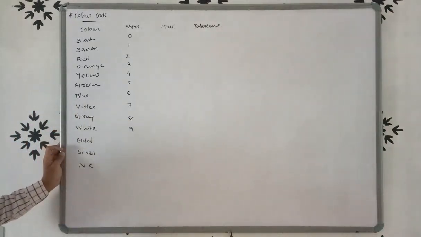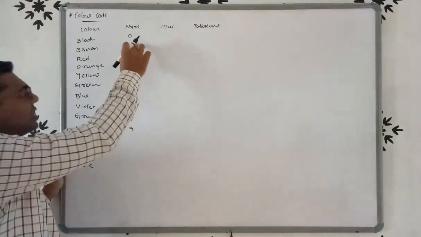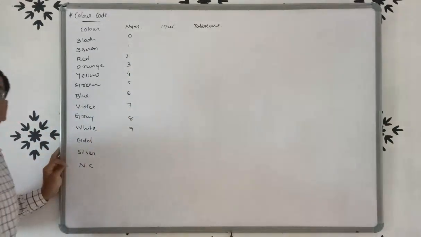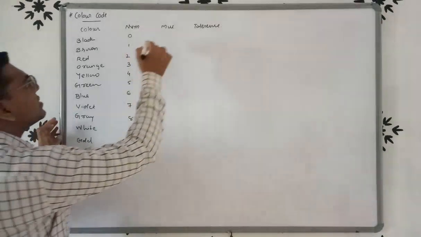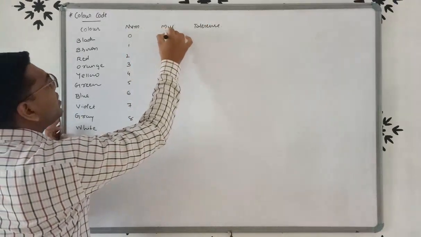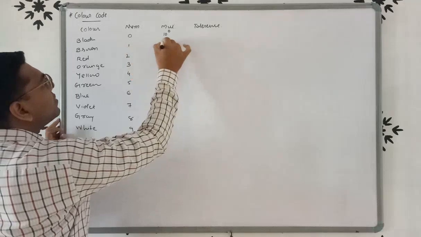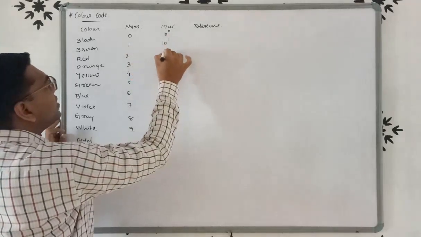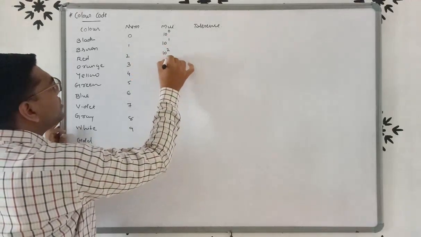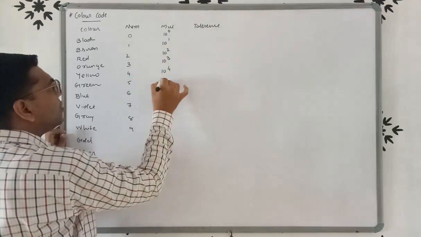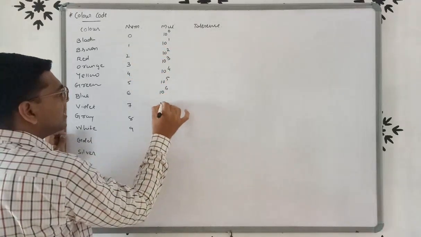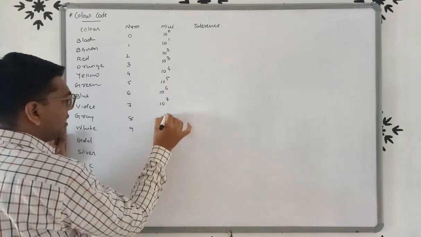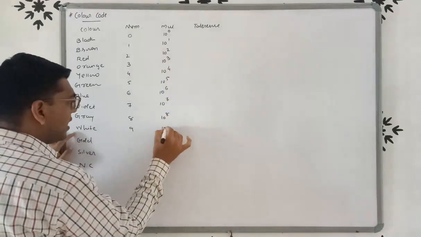In multiplier, you have to simply write these numbers in the power of 10 like this: 10 to the power 0, 10 raised to 1, 10 raised to 2, 3, 4, 5, then 6, 7, 8, 9.